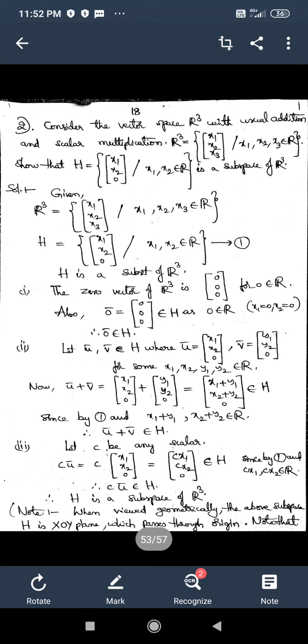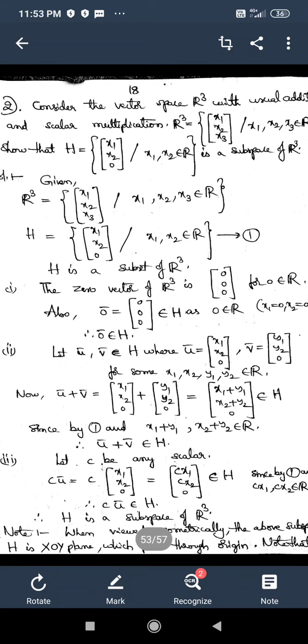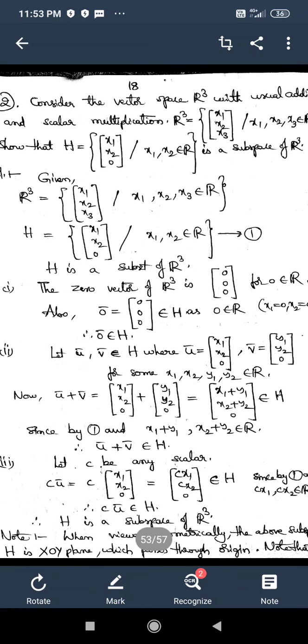So we are given the vector space R3 and a subset H of it, and we are required to prove that H is a subspace of R3. And if you recall the definition of subspace, a non-empty subset H of a vector space V will be a subspace of it if three conditions are satisfied.